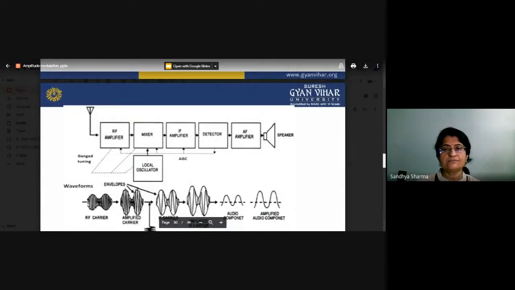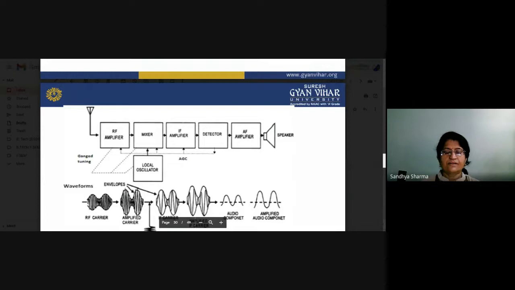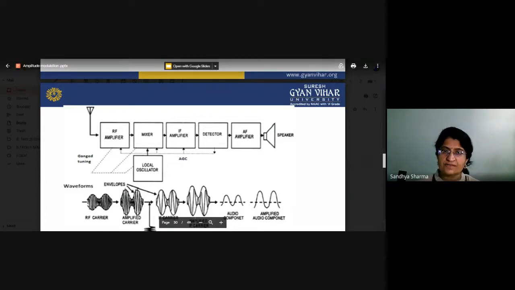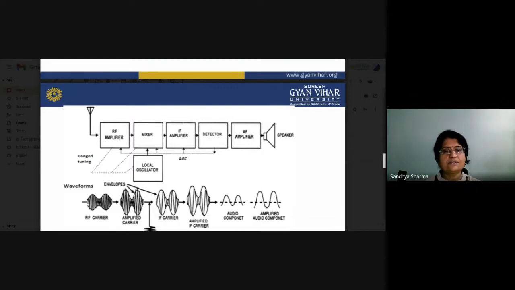You have to see this diagram. There is a receiver. You will receive your signals, and after receiving them, these signals will be passed through the RF amplifier, where perfect matching is done. After the RF amplifier, the signal passes through the mixer, where the local oscillator frequency is mixed. Then you pass your signals through the IF amplifier, and after that the detection.